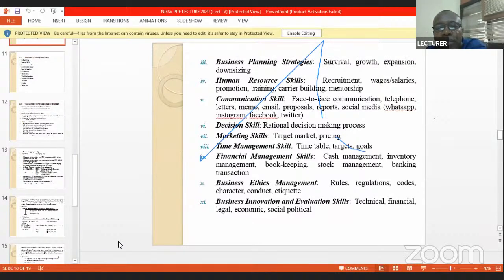You need to develop very good communication skills in terms of letter writing. A lot of people accuse our young graduates these days that they cannot write letters. But this is correct, because I have the opportunity of working with a lot of young people, even to write applications for employment, not to talk about writing proposals and reports.